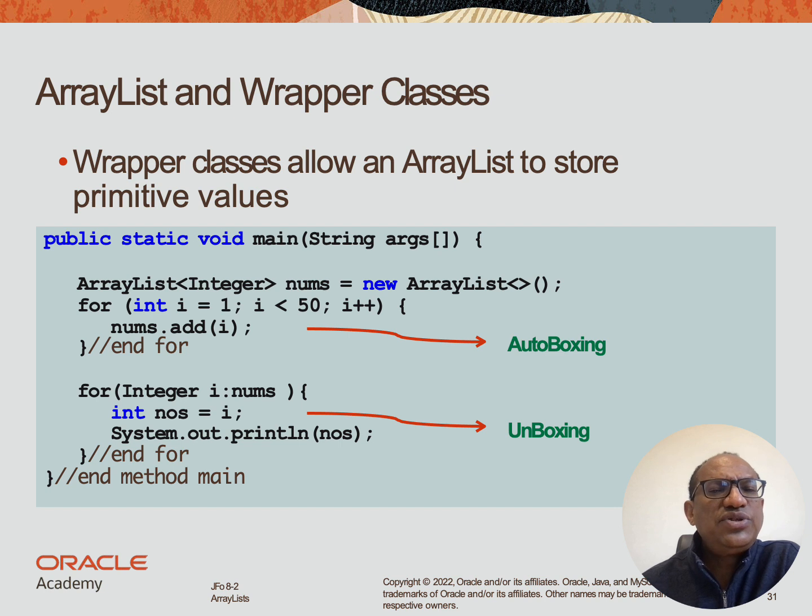The core example demonstrates how you can populate ArrayLists with primitive data by using autoboxing and unboxing. Autoboxing: an int is converted to an Integer, capital I, and is added to the ArrayList without explicitly invoking the wrapper class Integer. Unboxing: the Integer object is converted to the primitive int without invoking any method to do the conversion.